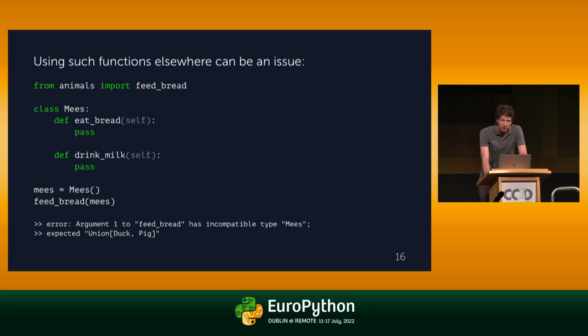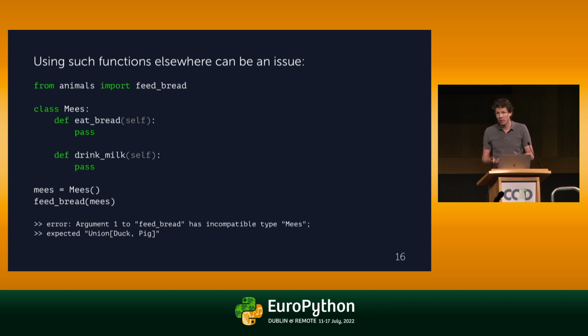But MyPy will warn us that argument 1 of feed bread has an incompatible type, Mace, while it expected a union of a duck or a pig. So while the function would work on this class, Mace, you cannot have MyPy accept this unless you can adapt the type hint of this function yourself.